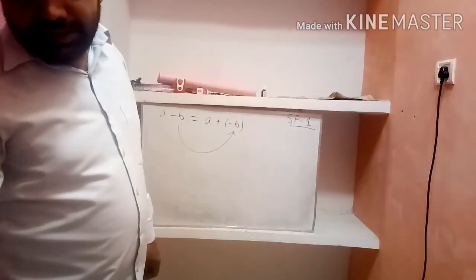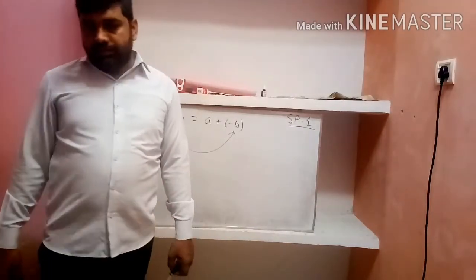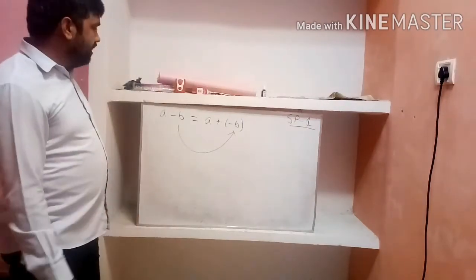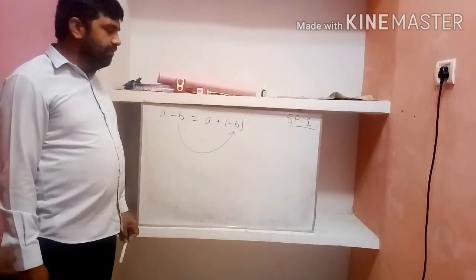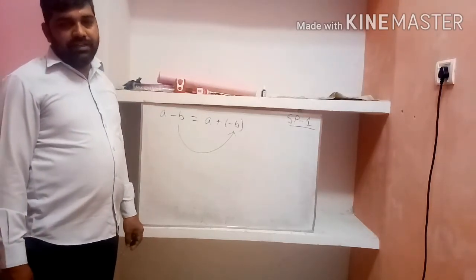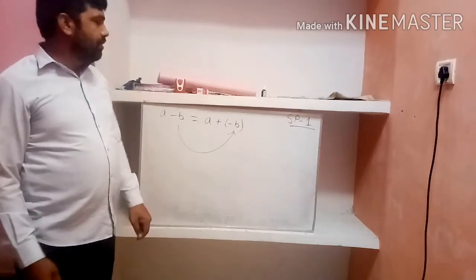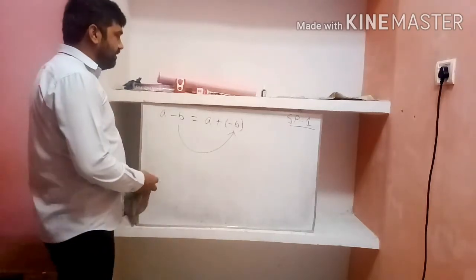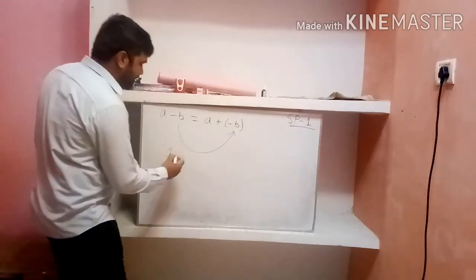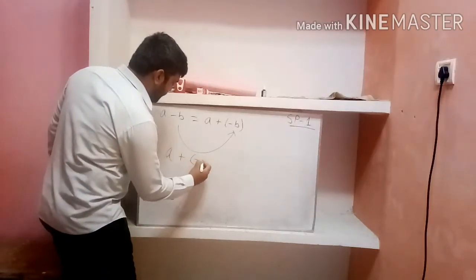Additive inverse. So what is the additive inverse? A number and its opposite are called additive inverses of each other. The sum of a number and its additive inverse is always 0. If you take a, its additive inverse will be what? Minus a.